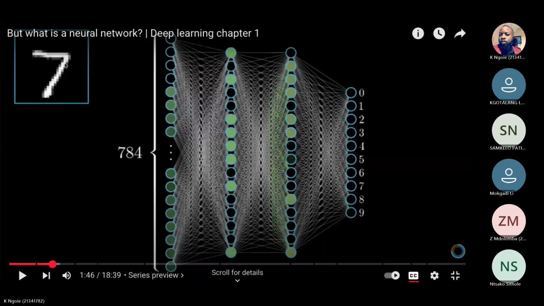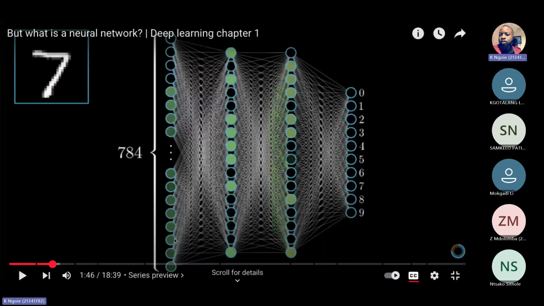So each one will be given that information. So let's say, for example, this input node here represents one point here at the corner. So it's going to be a 0. And you have one point here, which is going to be maybe a 0.8. So now it's going to take from this.